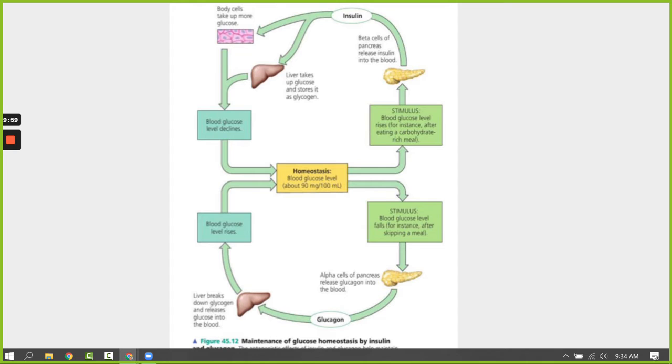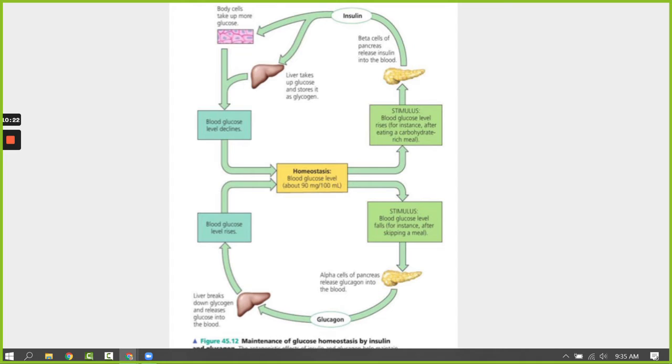Okay. But here's the thing. Too much glucose in our blood can be dangerous. It can lead to nerve damage. It's bad for our kidneys. Okay. So our body has a way of keeping it at the right level, of maintaining homeostasis. How does our body do that?